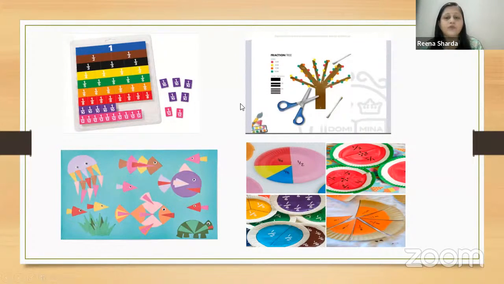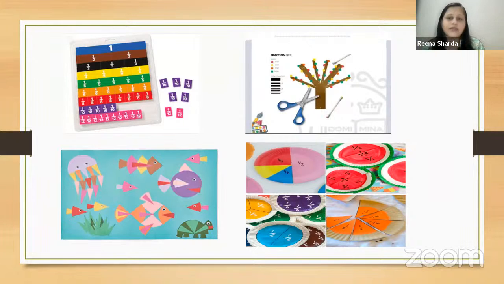Otherwise, we can ask them to make a fraction tree like this, where we have taken this tree trunk as one whole. Suppose this tree trunk is 1 centimeter, this paper. Then these branches are half a centimeter, and some of the branches are 1 by 4 centimeters. So the student will measure 1 and then fold the paper, then it is half.